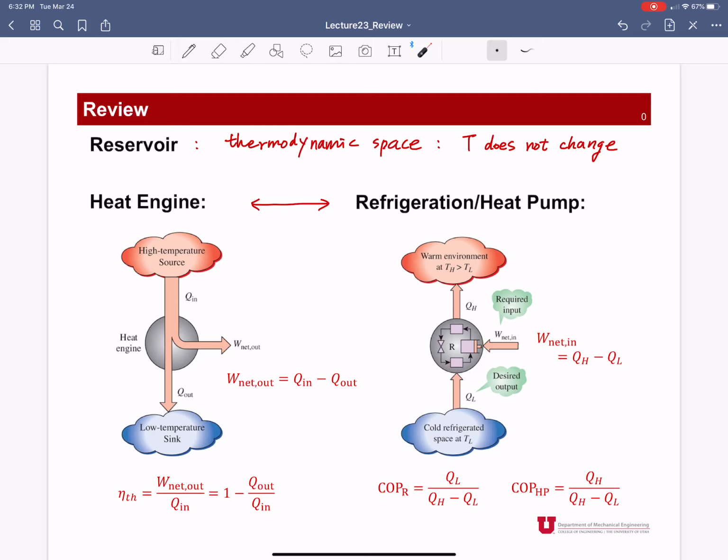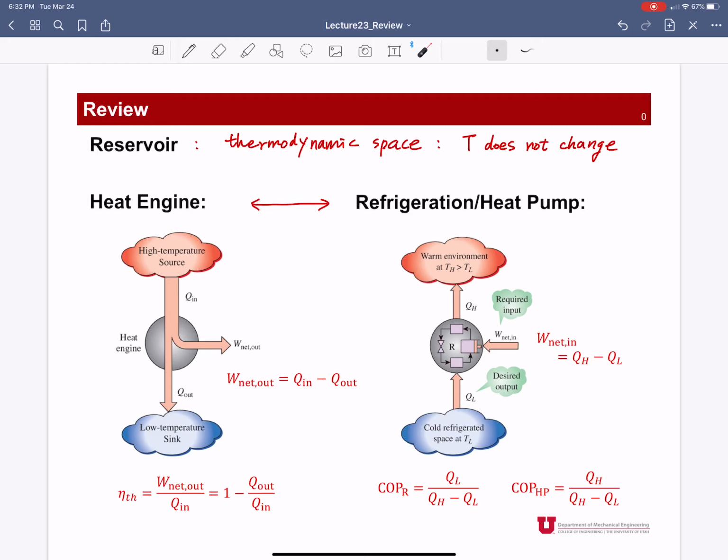What it does is, by applying certain net work in to the cycle, we can take a certain amount of heat out from the cold refrigerated space. The example of that space can be the food compartment of your refrigerator or inside a house, when you try to cool your house down using the air conditioner. And now we have this much of the heat taken out from the space to cool it down.